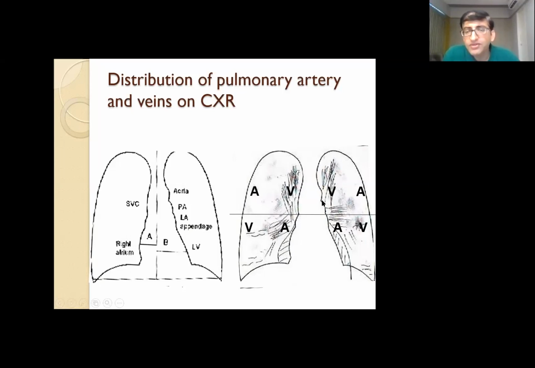In the upper half, the veins are located centrally and the arteries are located distally, laterally. But in the lower half, the arteries are located medially and the veins are located laterally. So if we see any vascular structure over here, it is artery. If we see any vascular structure over here, it is more likely to be vein.